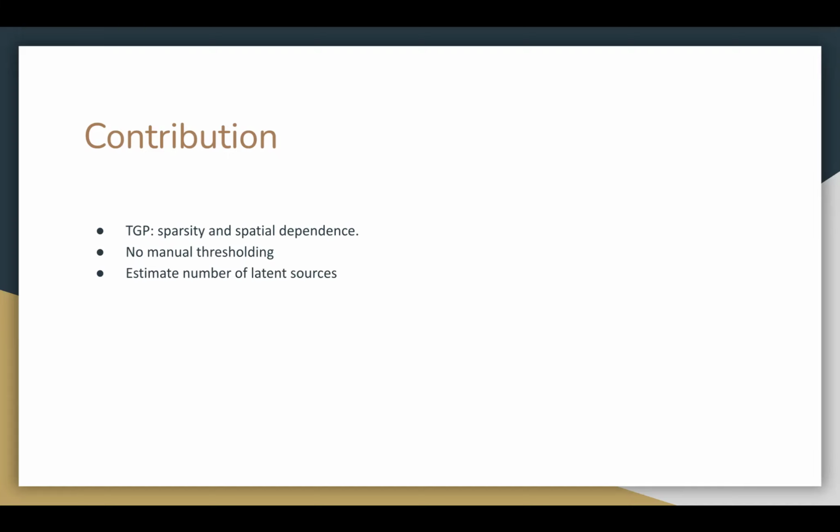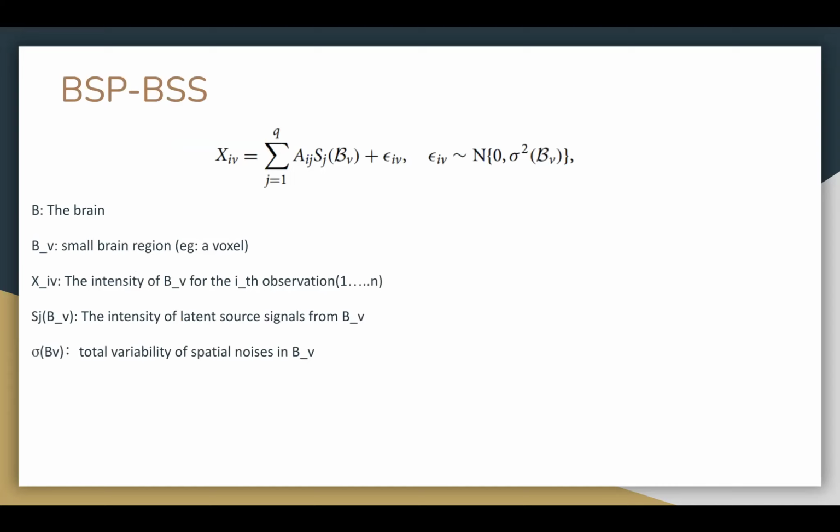Traditional ICA algorithms do not assume these things, but this method considers these features by using the thresholded Gaussian process. Also, they do not need thresholding after separation, because the threshold is a learnable parameter during their sampling process, and it can estimate the number of latent sources. That's the main contribution of this paper.